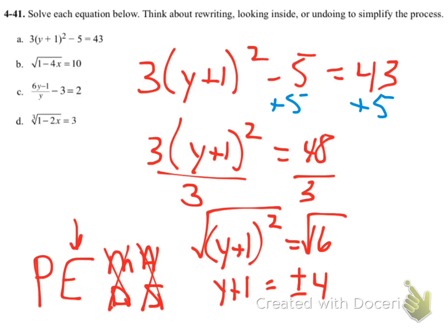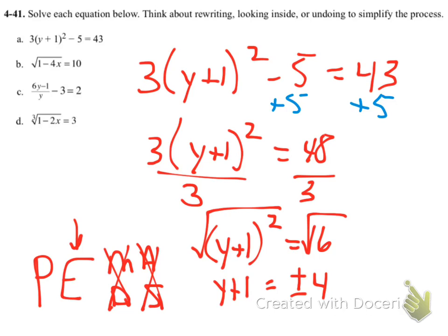I get both the positive and negative because if I do the looking inside idea, whatever I have here squared, if the y plus 1 was positive, it'd give me 16. If the y plus 1 was negative, it would give me 16. So both could be positive or negative, and that's why we do that step.